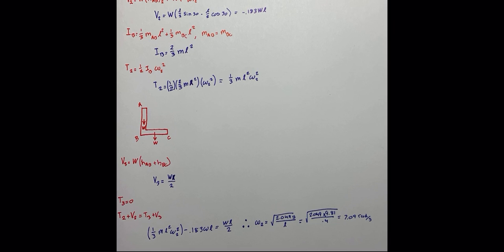We know that T3 is equal to 0, and that T2 plus V2 is equal to T3 plus V3. So we can plug in our knowns, since we figured them out earlier, solve for omega 2 and get 7.09 radians per second.